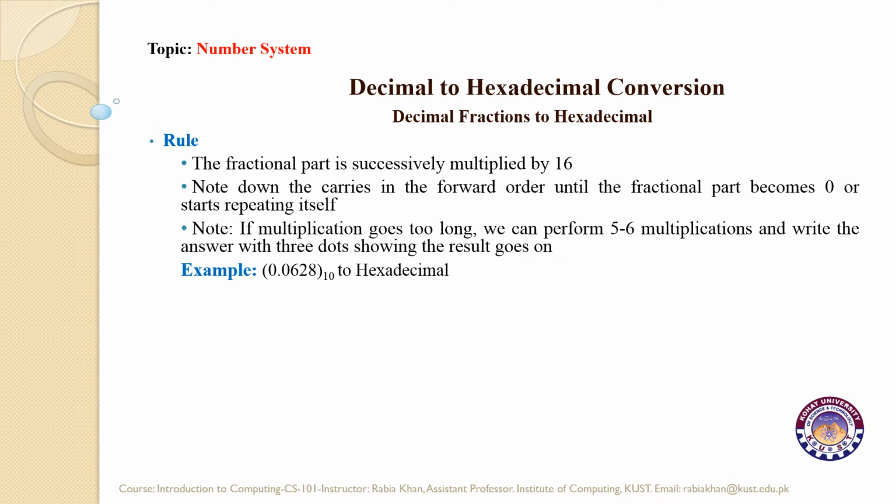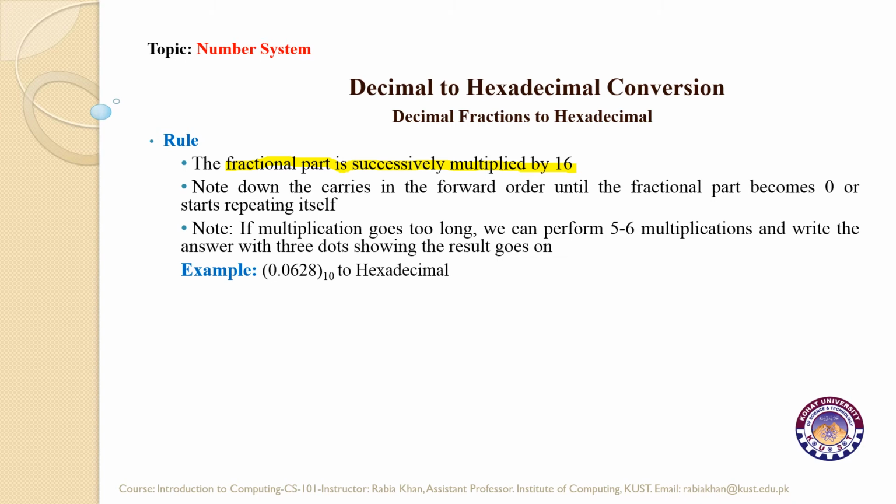For decimal to binary conversions, we multiplied the fractional part with 2, and for decimal to octal conversion, we multiplied the fractional part with 8. But now, since we are converting in hexadecimal number, the fractional part will be repeatedly multiplied with 16. Why 16? Because 16 is the base for hexadecimal number. So the procedure remains the same, the multiplication number goes different.